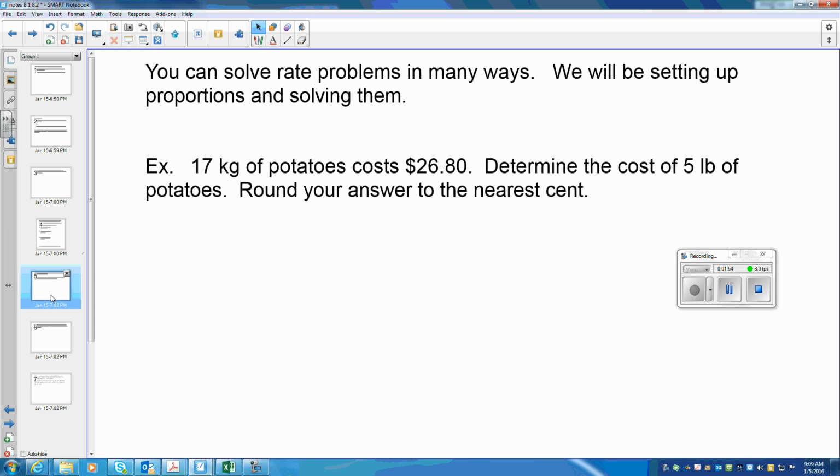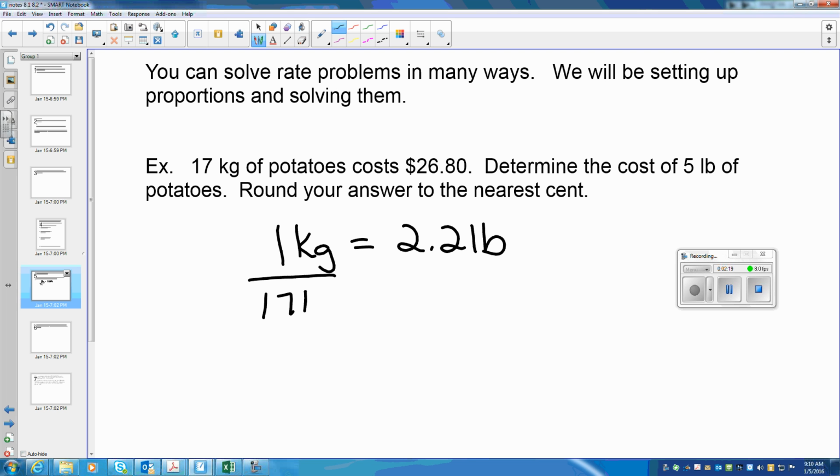Yeah, you could use your conversion factors from grade 10, right? Remember, 1 kilogram is equal to 2.2 pounds. You guys remember these conversions? Did you guys do line equals line conversions with him? You wrote down your conversion factor. You wrote down what you were given. So I'm given 17 kilograms.